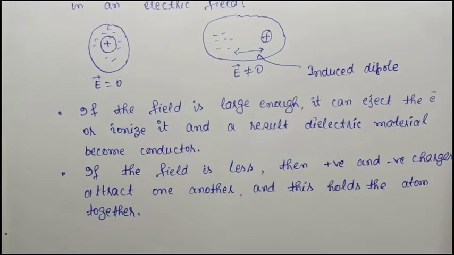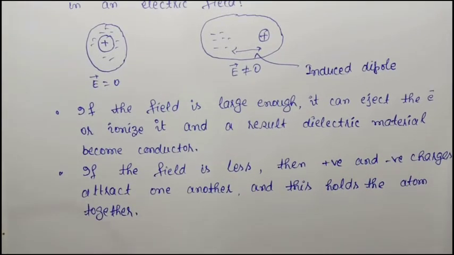Okay, so what is an induced dipole? When we apply the electric field, the positive charge will move along the electric field and the negative charge will move in the opposite direction, and as a result we get an induced dipole.